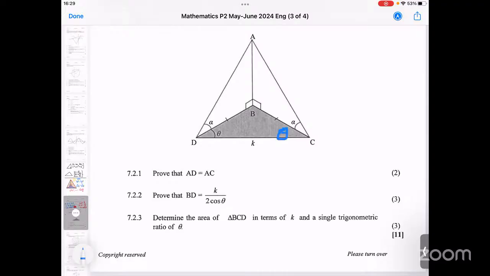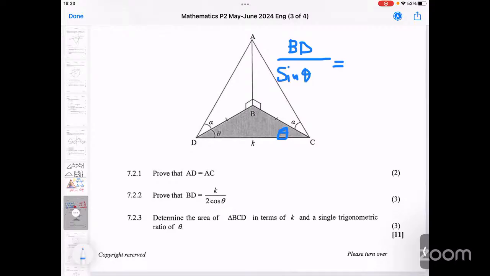Yes, sir. Okay, so since BD is a side, why can't we then say BD over, it will be over what, Didintle? Sine theta. Yes, it will be over sine theta.